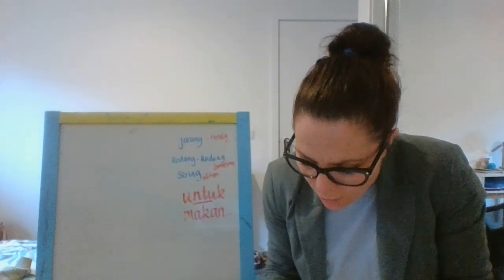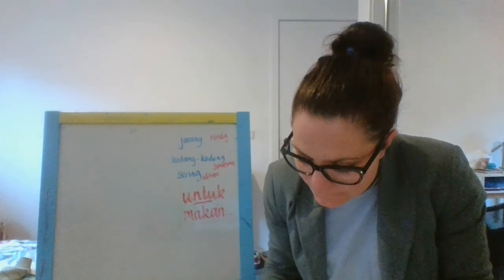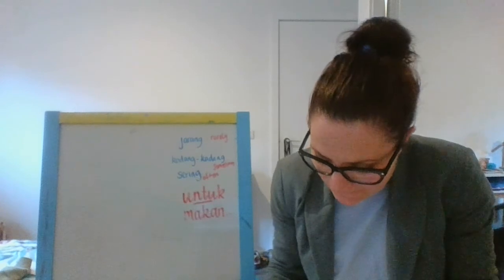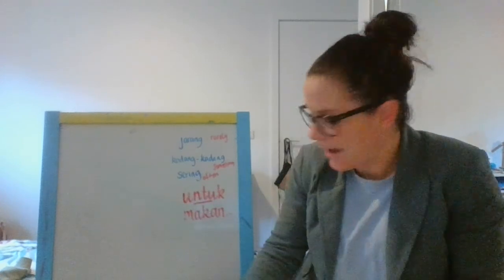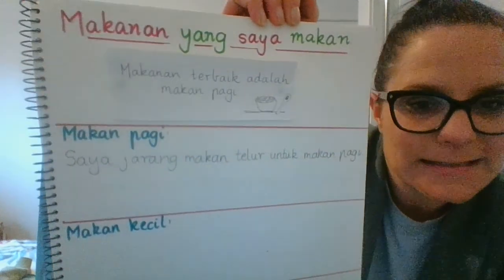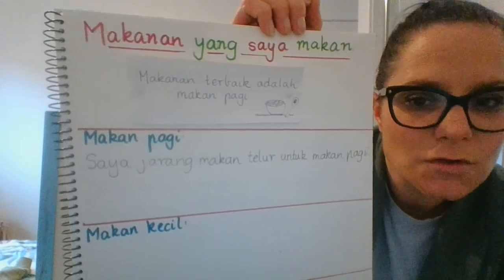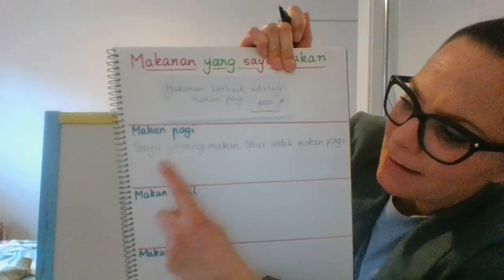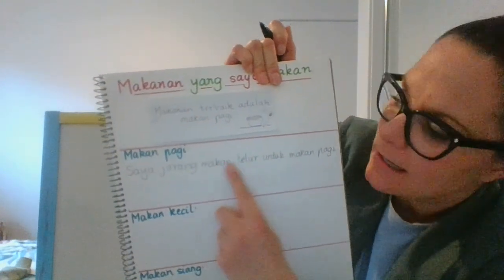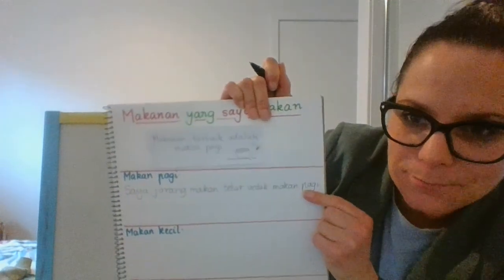Telur untuk makan pagi. Okay, untuk makan pagi. So my sentence says, saya jarang makan telur untuk makan pagi. I rarely eat eggs, and untuk is for, makan pagi is breakfast.